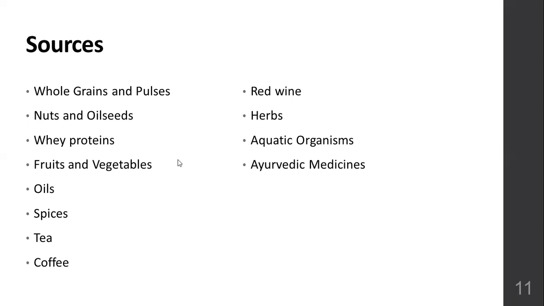Beetroot, tomatoes, okra, that is lady's finger, cabbages, you can use them on a daily basis. Different forms of beans also are a good source of protein. When you cook tomatoes, instead of having raw tomatoes, cooked tomatoes have better antioxidant capacity.